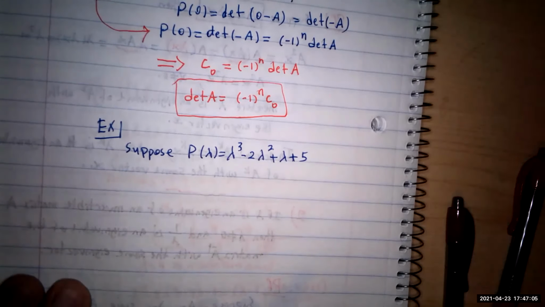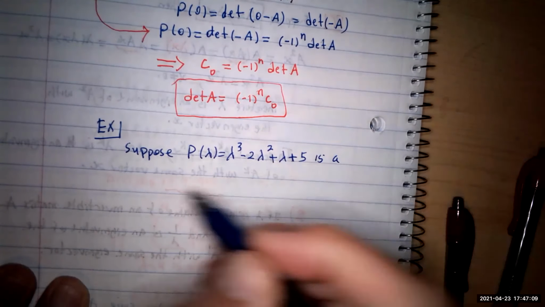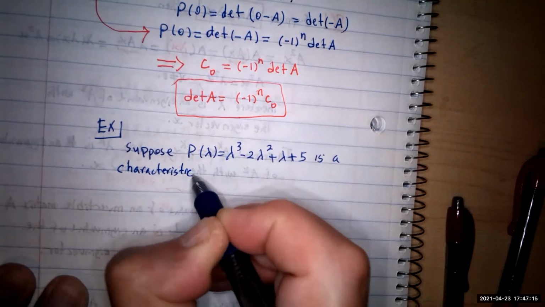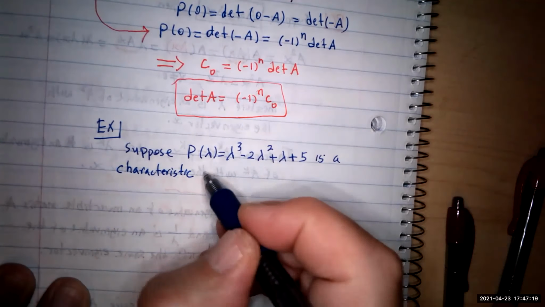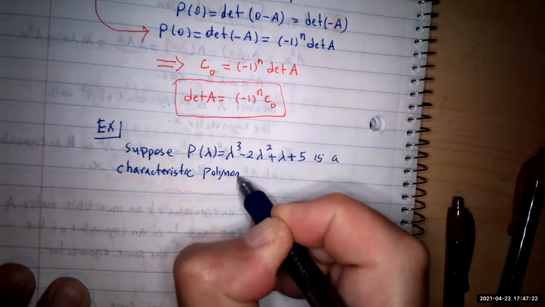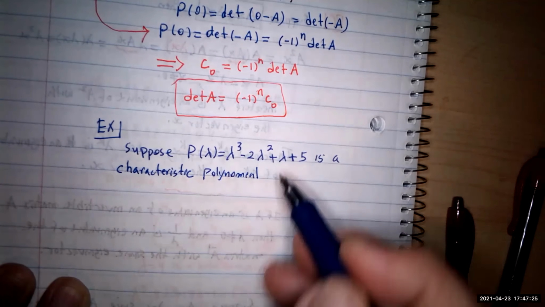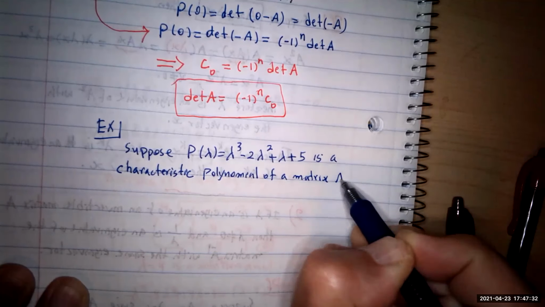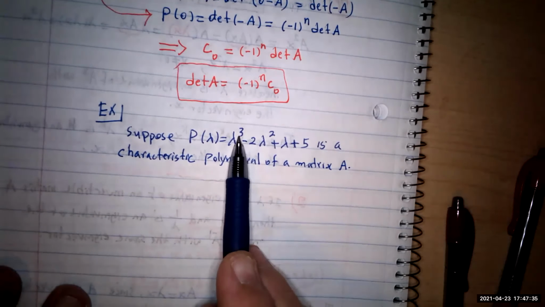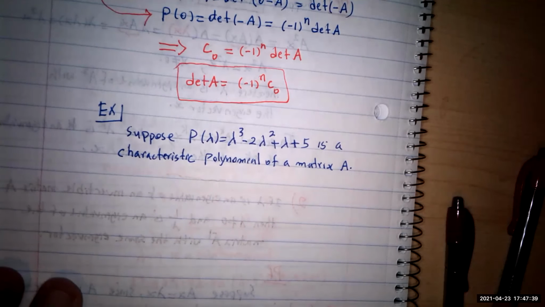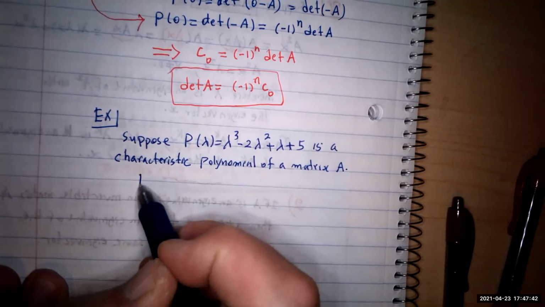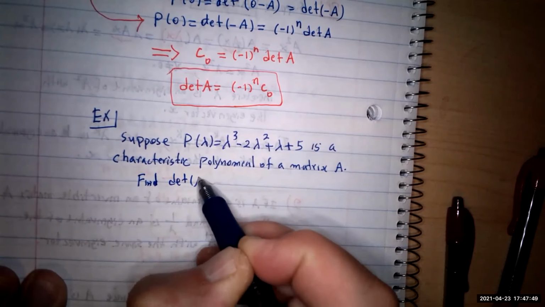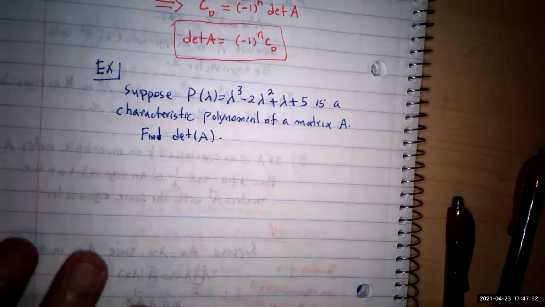They want you to suppose that this is a characteristic polynomial of a matrix A. You realize from the degree 3 that this matrix is a 3 by 3 matrix, but they ask you to find the determinant of A. You don't have the matrix, but you can find the determinant of the matrix.